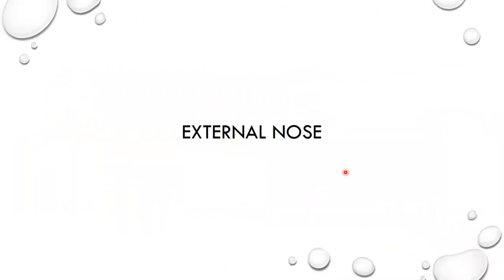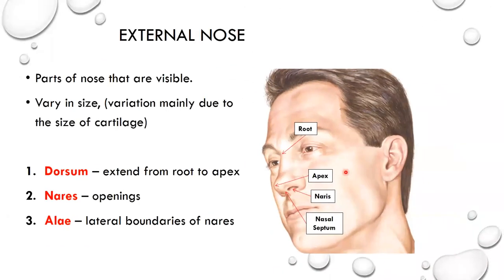Okay, let's talk about the external nose. This is the external nose. It's the part of the nose that is visible. It varies in size, and mostly the variation is due to the size of the cartilage that forms the external nose.